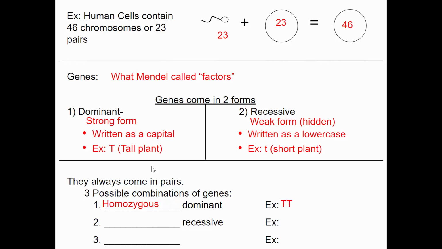For example, big T, big T. Or you might end up with homozygous recessive people. What letters would that have? Little t, little t. Or heterozygous. What do you think that means? One of each.